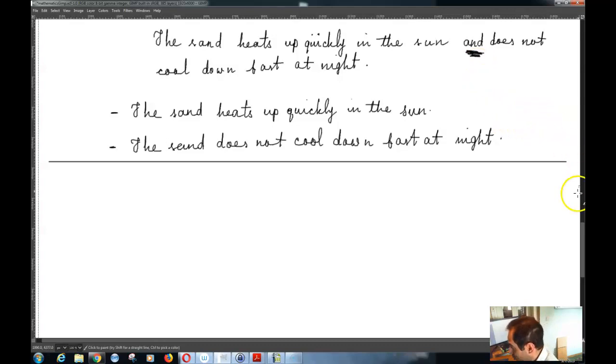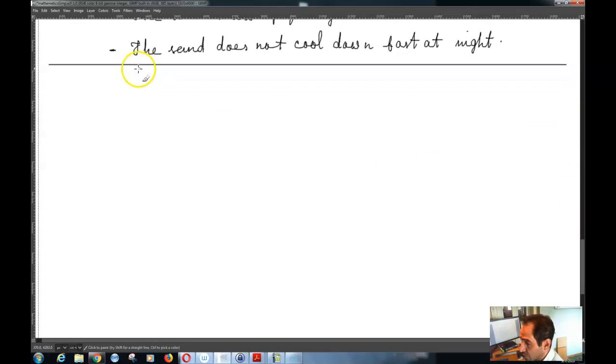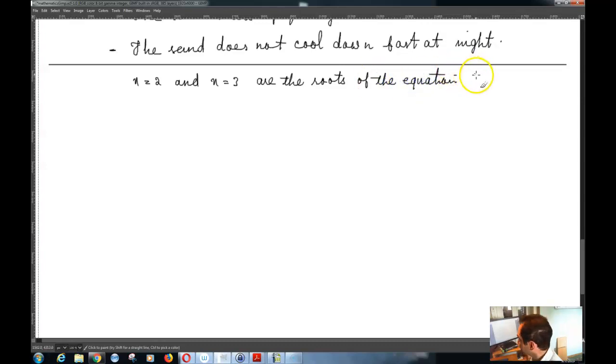The next part of this question is x is equal to 2 and x is equal to 3 are the roots of the equation 3x squared minus x minus 10 is equal to 0.